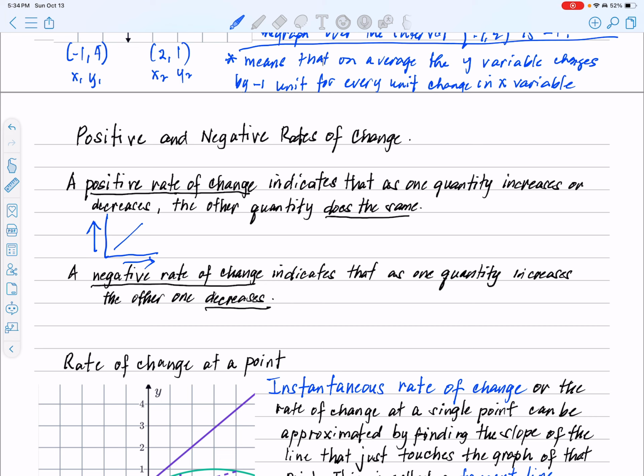Both are increasing. Let's say, for example, as the years increase, what happens as the years increase? So what do we usually say?